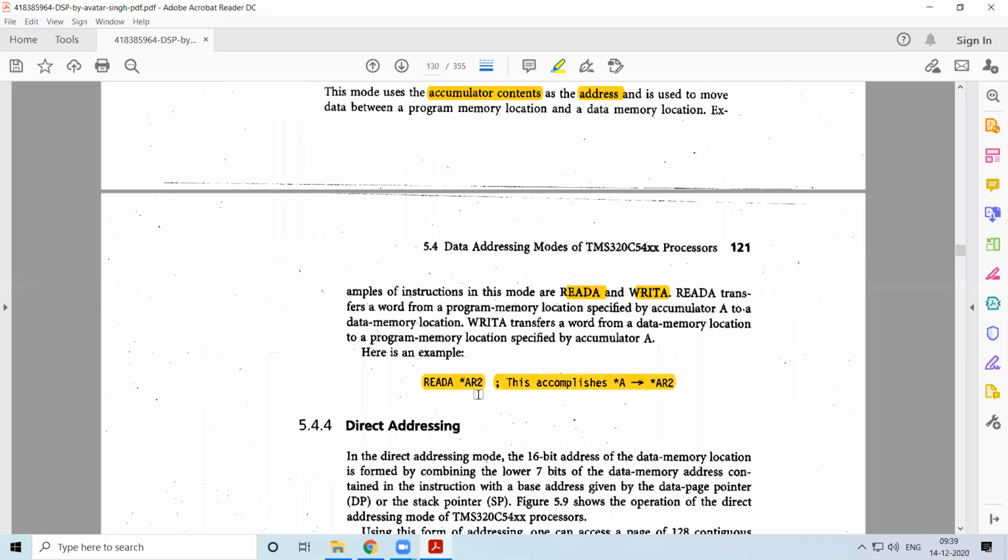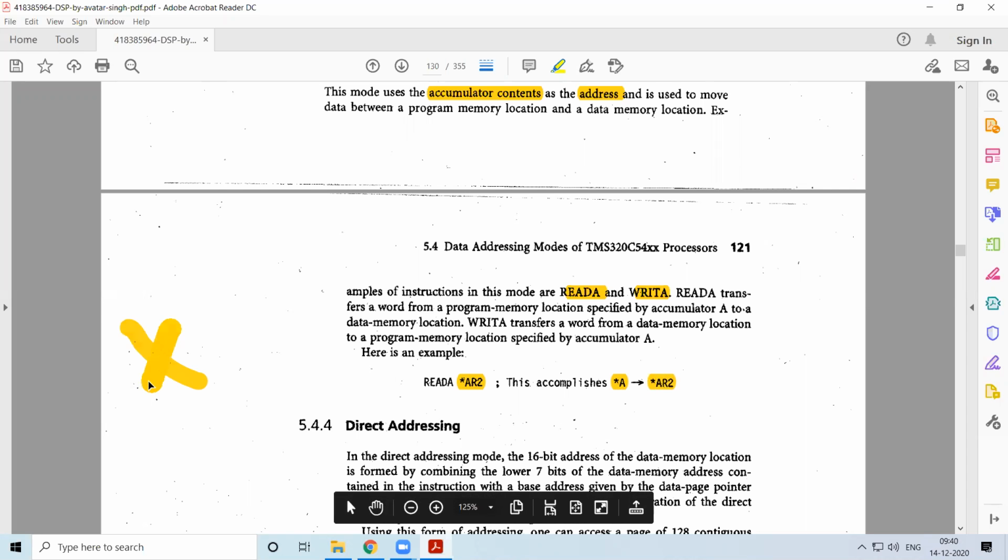So I want to read data from this location, star AR2. This is address in AR2. Read it as address in AR2, whatever value is there in that. So you have to use the value at this location. You can read star in different forms.